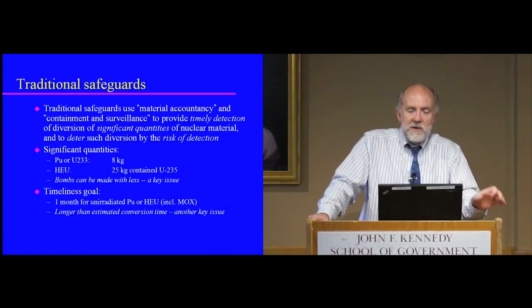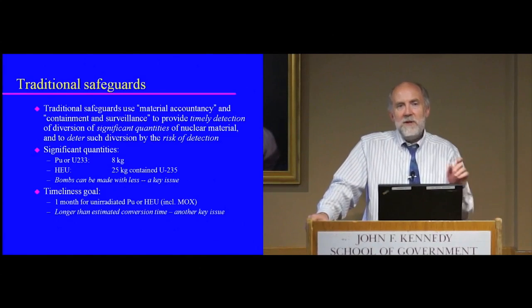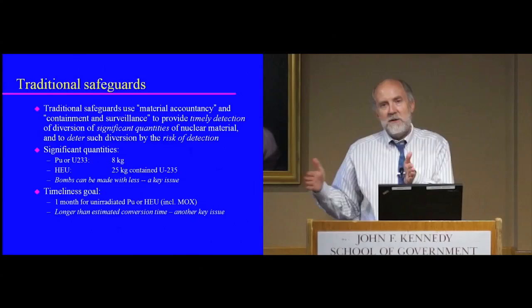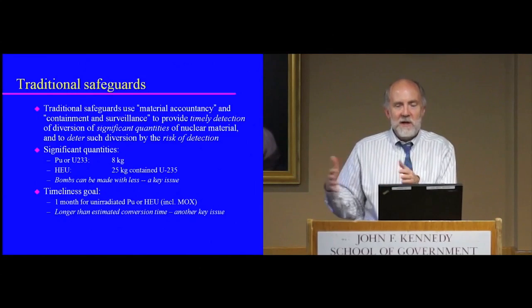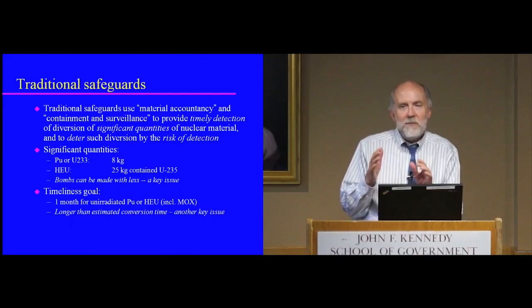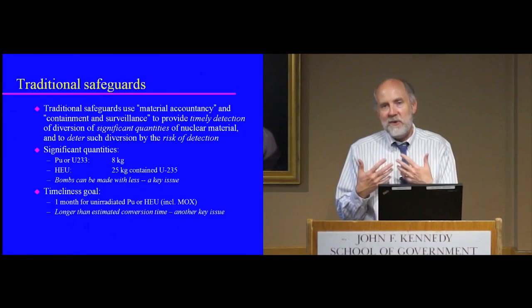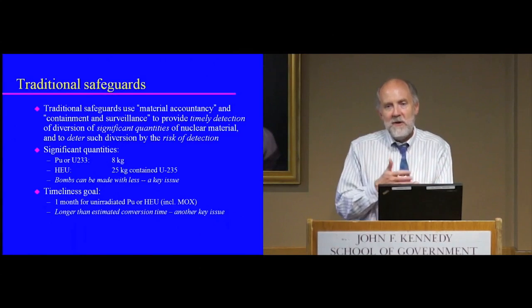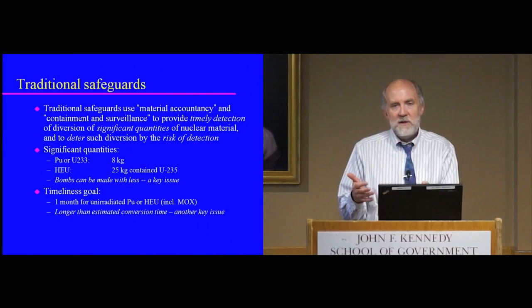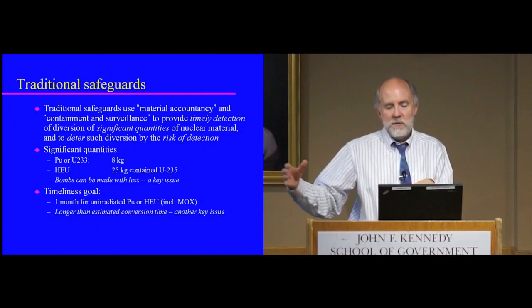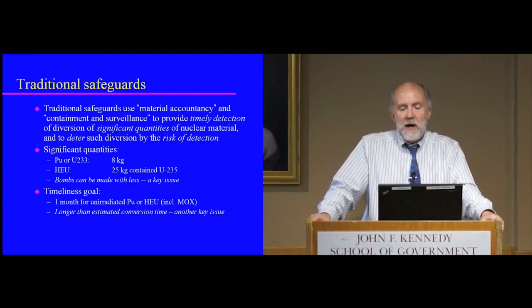So some important terms. They're looking for timely detection, and the IAEA has particular standards for how good is timely, based in part on their estimates of what they call conversion times. That is, how long would it take a state to go from material in a particular form to make that into nuclear weapons.